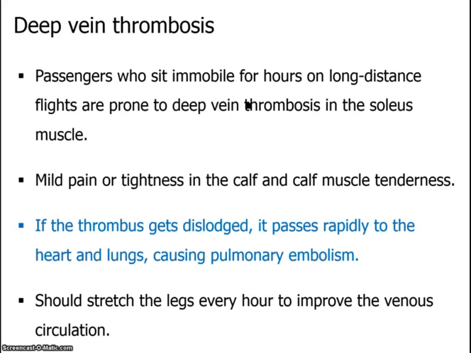And if you travel long distances in flights, you know that you're advised to contract your lower limb muscles from time to time to prevent this condition. Now these deep vein thrombi can get dislodged, separated from the wall of the vein, and they can pass directly through the heart into the lungs, causing what is called pulmonary embolism, which is a life-threatening condition. Remember this point also.